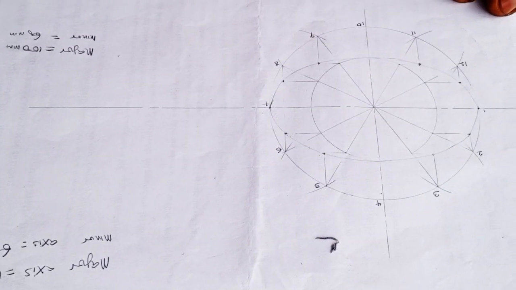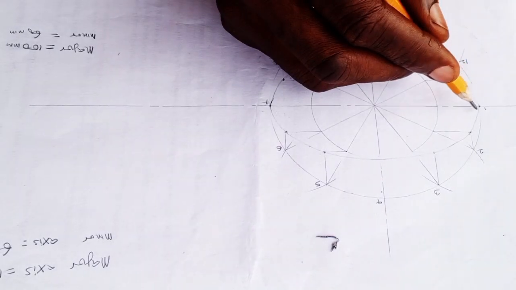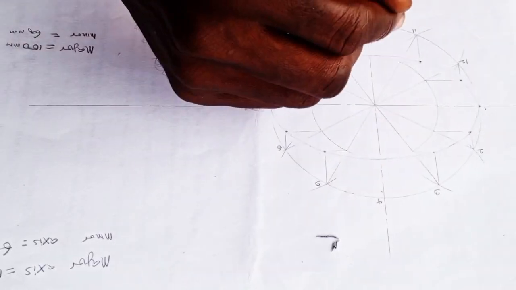Now I'm going to use my freehand to draw it, but if you are a starter, you should use your French curve to connect the points. In a set of French curves, there are 3 sets there, some even have more. So you can find the appropriate curve that will at least connect 3 points together, giving you what you want. So I'm going to use my freehand in my own case here.